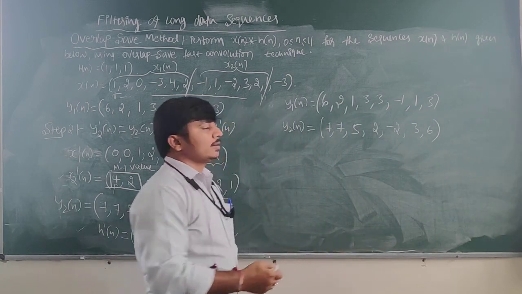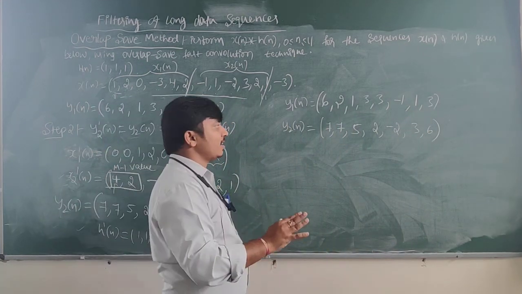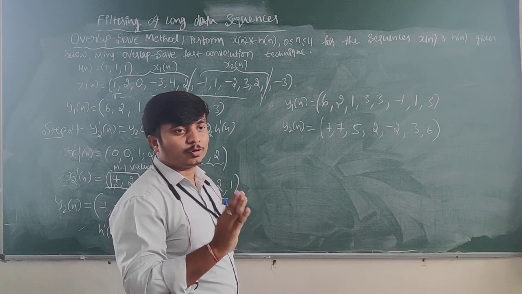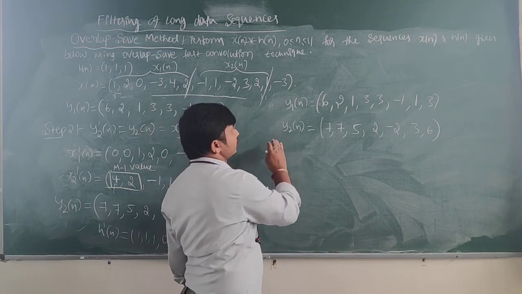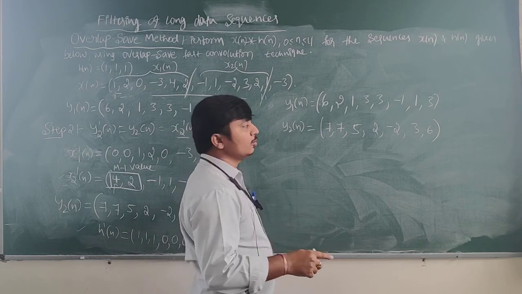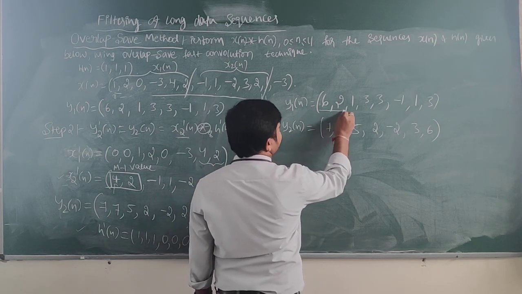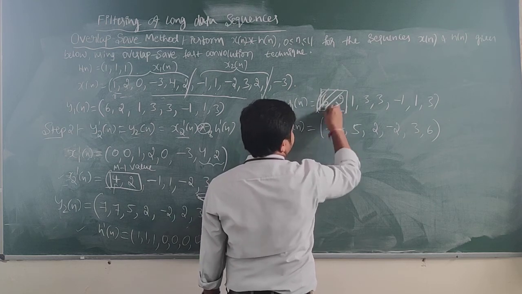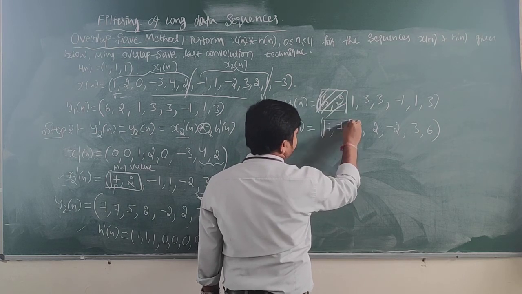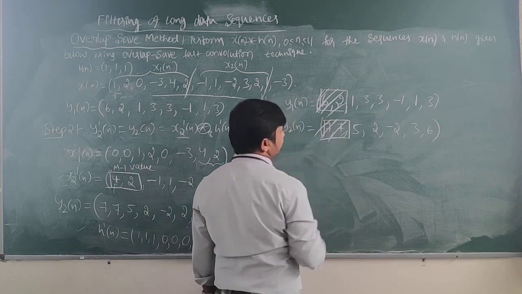Here we don't add and we don't subtract; we only discard the first m minus 1 entries of these outputs. M minus 1 is 2, so we discard the first 2 entries in each output.